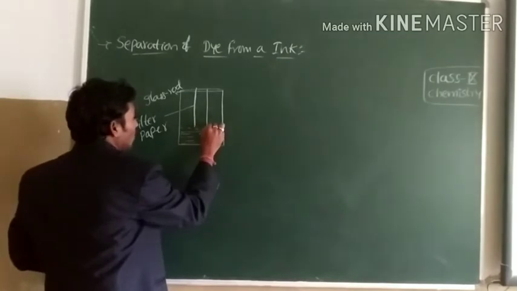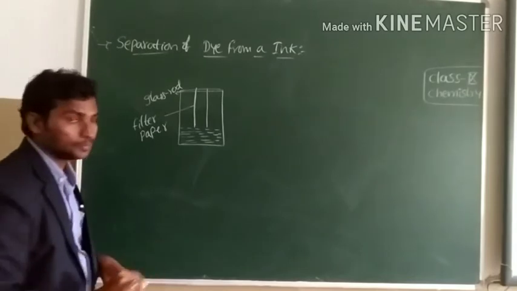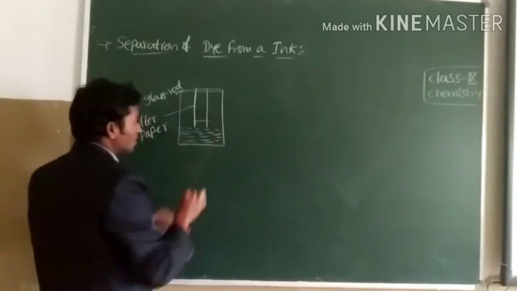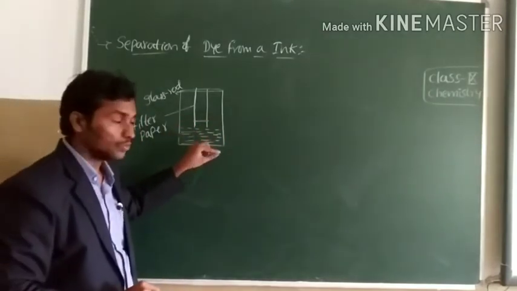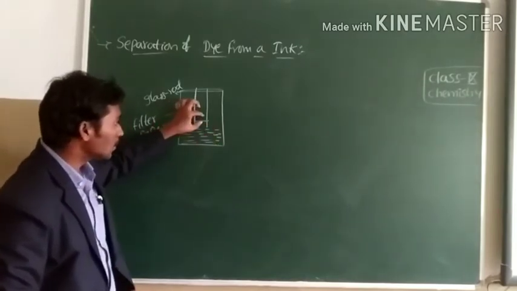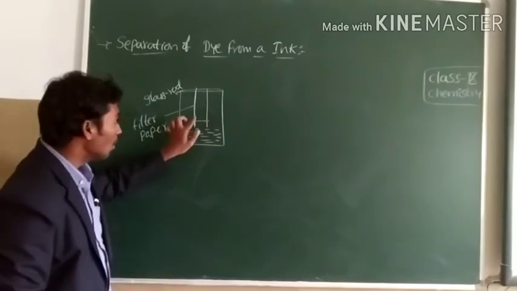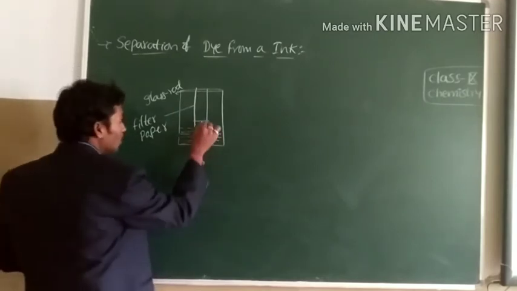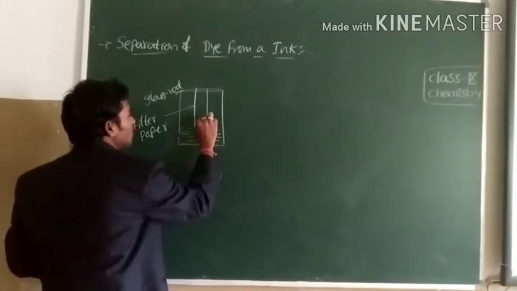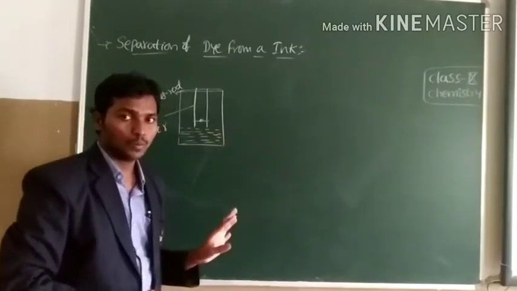And we should draw a line on the filter paper, just above the water level, and on the line we should place a mark with ink, either blue ink or black ink.